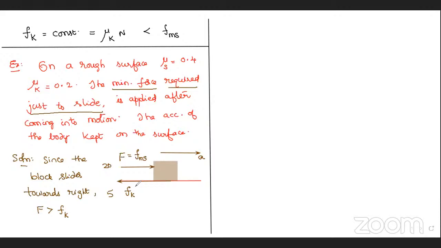Since they are in opposite directions, F net is F minus Fk. That implies F net equals F minus Fk. F net, the formula is always MA, Newton's law, equals F, which is FMS, minus Fk. FMS, shall I write it as mu s into N?